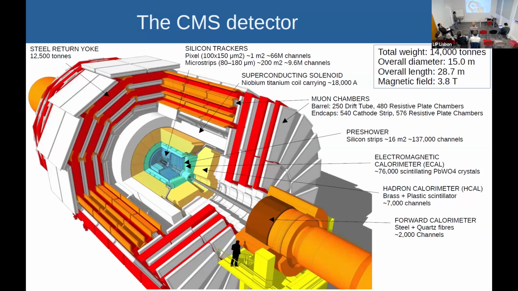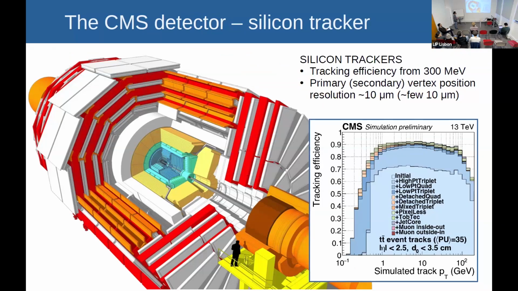I won't go through the detail of all the detectors, but let me just mention the two detector systems that we use in this analysis. The silicon tracker is able to have a good efficiency already from 300 MeV tracks, hadronic tracks with a transverse momentum of 300 MeV, and a very good resolution of the position of the reconstruction of the vertices between tracks.